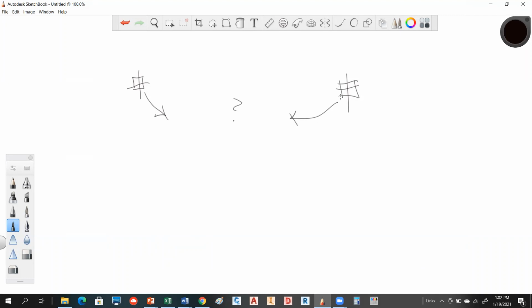These are both fixed in the ground, and you want to determine what that distance is between them. Or if you had three points, you could do an angle. So if I had one here, one here, and one here, I could determine the angle. That would be an example of measurement.